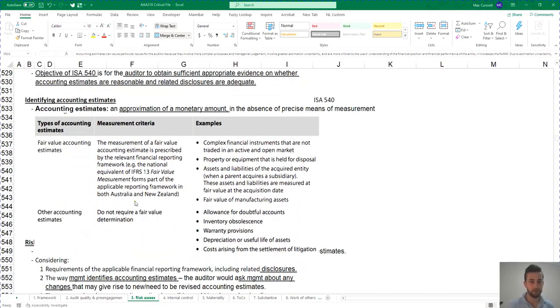Some examples of accounting estimates are fair value accounting estimates. This is probably the biggest one of all, because it is quite pervasive throughout financial statements. For example, you might have property, which needs to be valued at fair market value per IFRS 13. But how do you know what the fair value of property is? It's very hard to say.